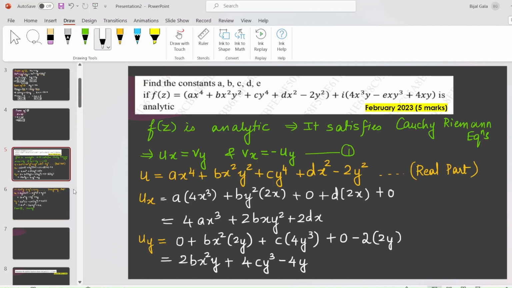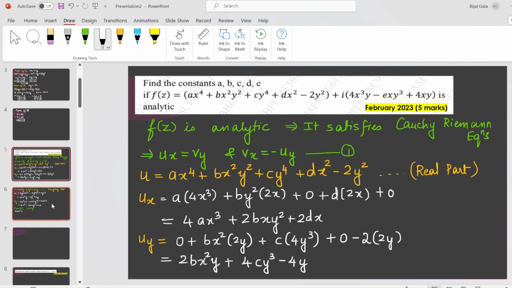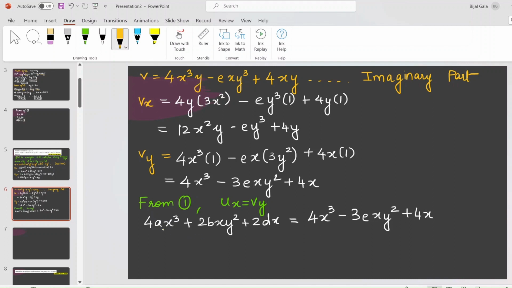So ux is 4ax cubed plus 2bxy squared plus 2dx equal to vy is 4x cubed, negative 3exy squared and 4x. Let's compare the terms.